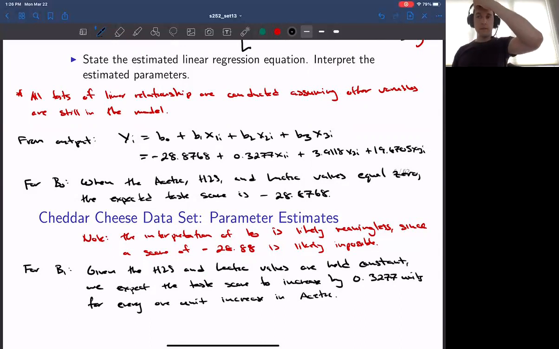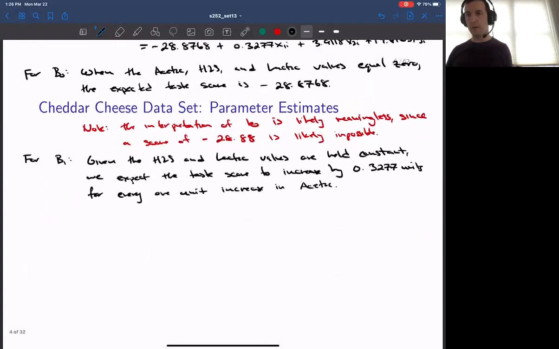Okay. So this interpretation is pretty much exactly the same as what we saw before as well.